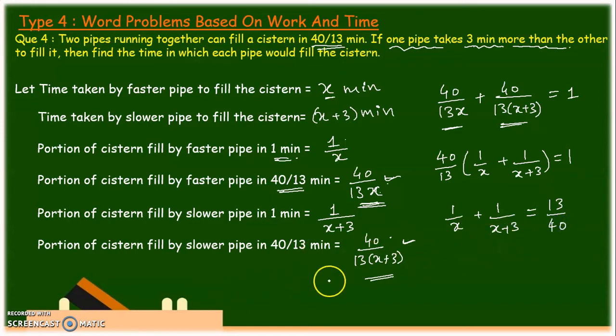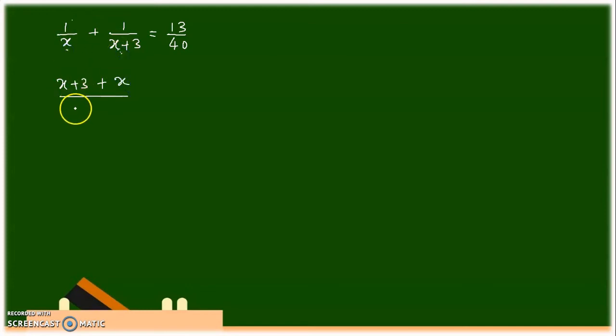Now let's simplify this equation. So 1 upon x plus 1 upon x plus 3 is equal to 13 divided by 40. Here if you cross multiply, x plus 3 will multiply with 1, and x will multiply with 1, divided by x multiplied with x plus 3.